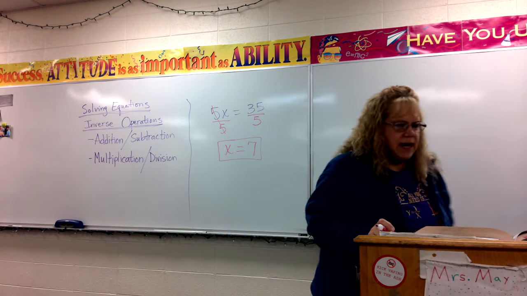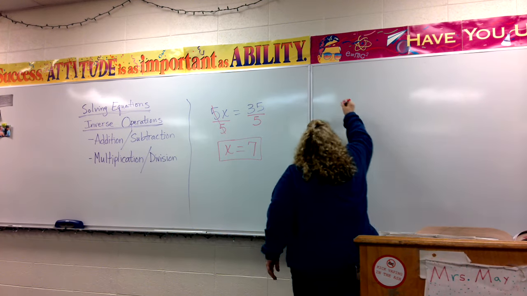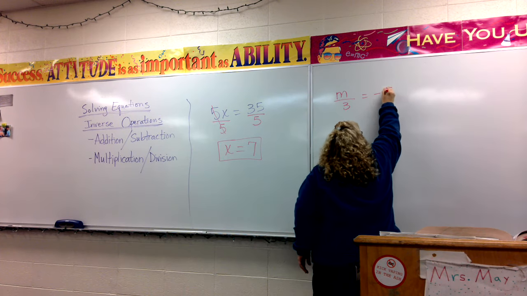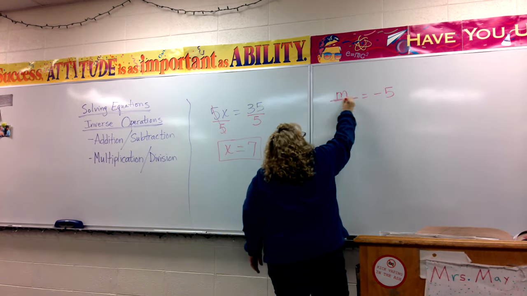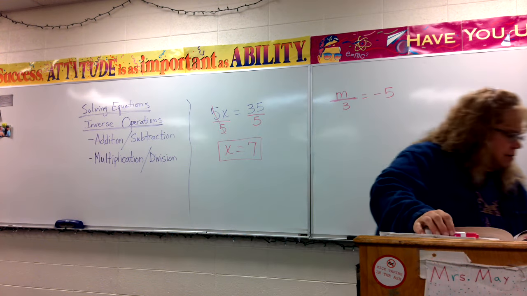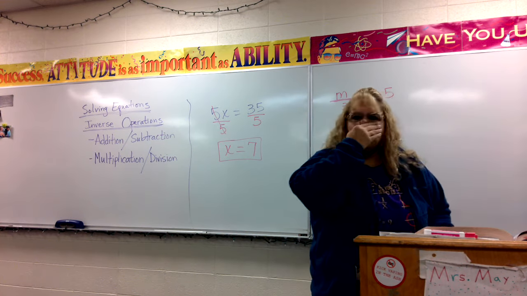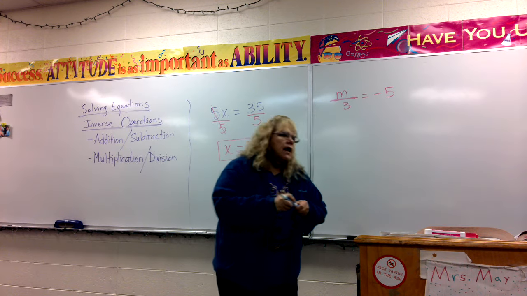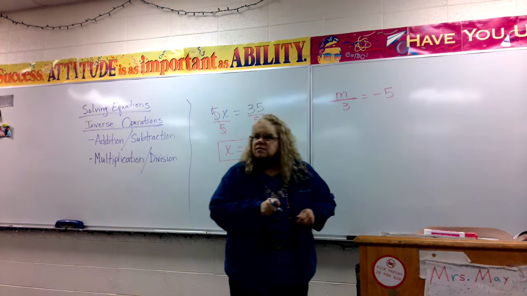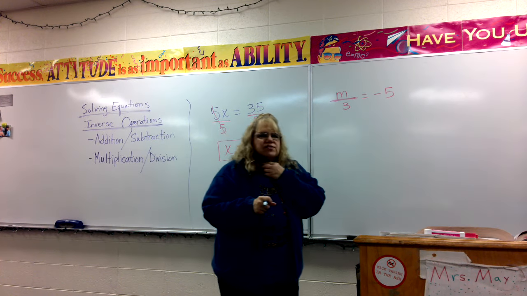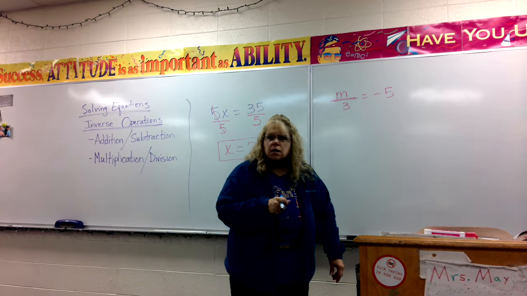So let's see what else we have. What does this line mean? What does the line mean? Right, good, yes, the fraction bar means divide by. I can't hear you all, you got your masks on, it's so hard to hear.